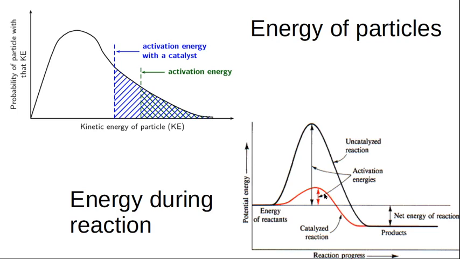But the activation energy with a catalyst, which on this graph is this little red line, is a very small value on the axis. So you come here 0, 10, 20, 30, 40, and it'll be the small value. So now can you see, if you shade the area under the graph, there are way more particles with the activation energy or more if you add a catalyst. So the reaction goes ahead at the same temperature, but it goes forward much faster because the area under the curve is greater.